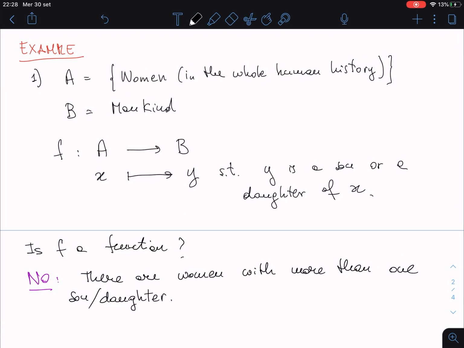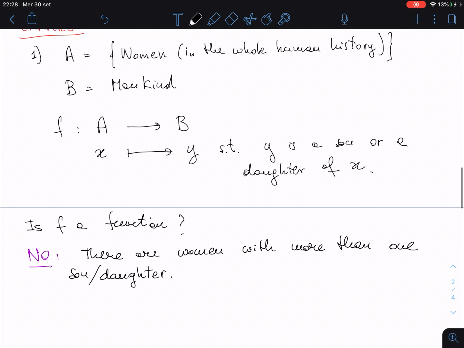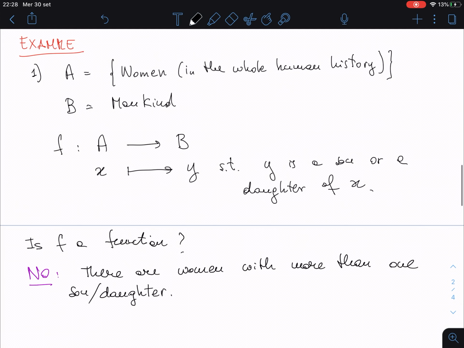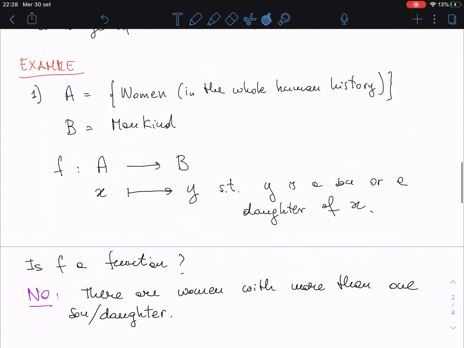And the definition of function states that to every element of the domain there must be associated only one element of the target set. So this is not a function, because it associates to every x too many elements.